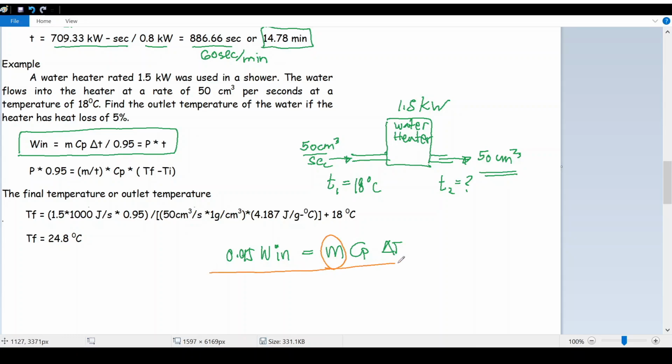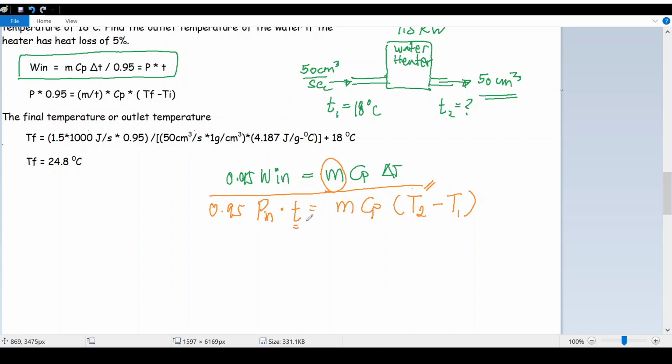In this equation, time is not reflected, but we know that the energy in is actually power in times time, which equals mass Cp delta T, or the delta T may be represented as T2, the final temperature, minus T1, the initial temperature.